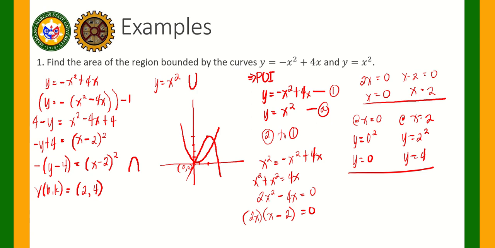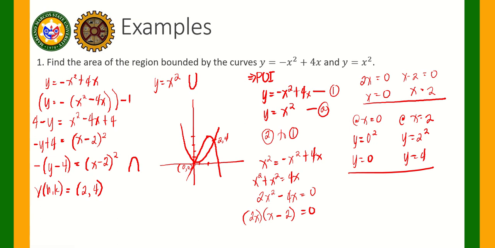So, x is equal to 2. This is 2, 4. Okay? So, meron na tayong values ng x sub 1, x sub 2, and x sub 1, y sub 1, x sub 2, y sub 2. Okay, meron na tayong pang limits.